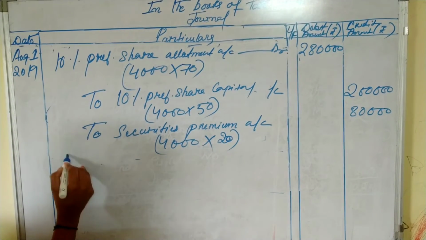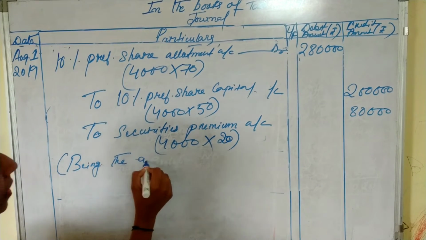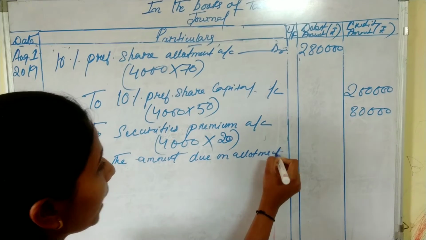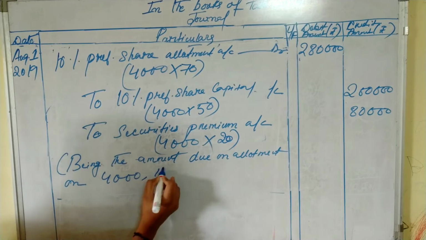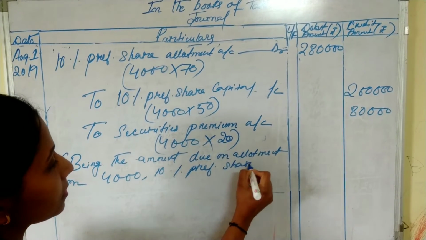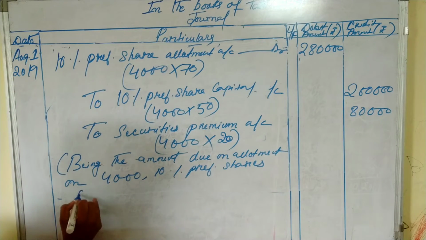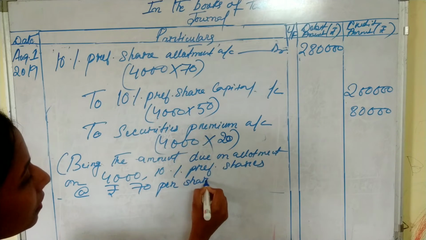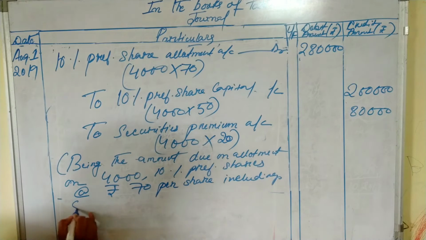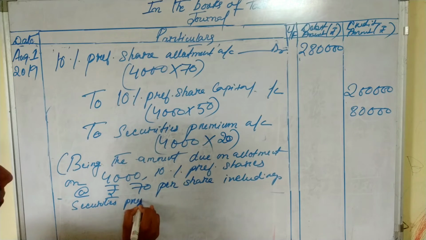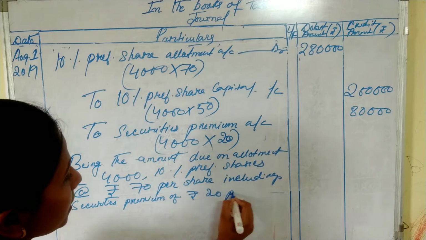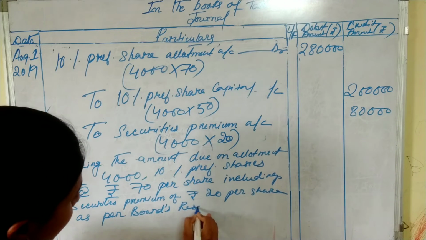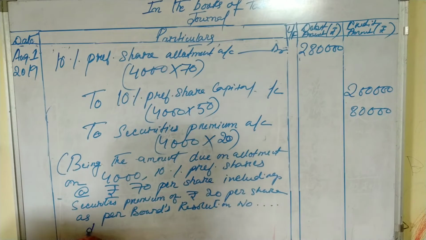Now we will write the narration. Being the amount due on allotment on 4,000 10% preference shares at the rate of rupees 70 per share, including securities premium of rupees 20 per share as per board's resolution number 88.